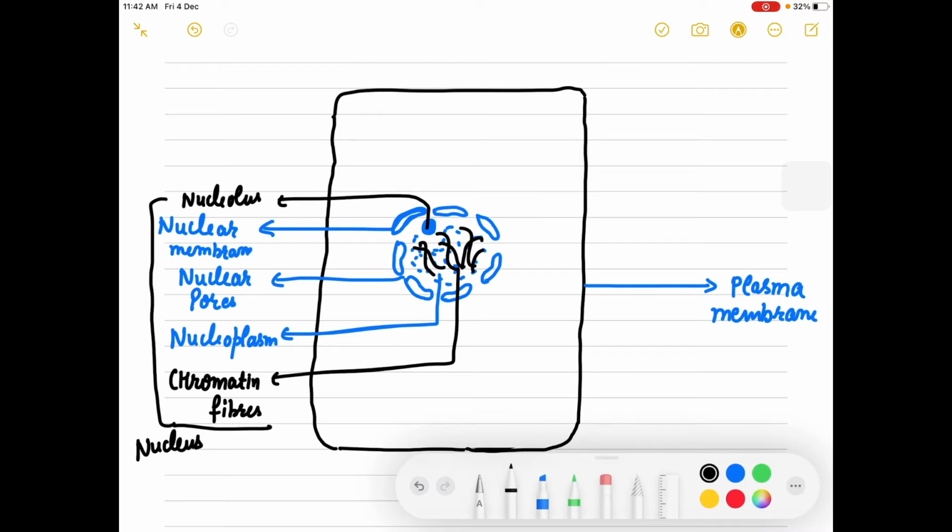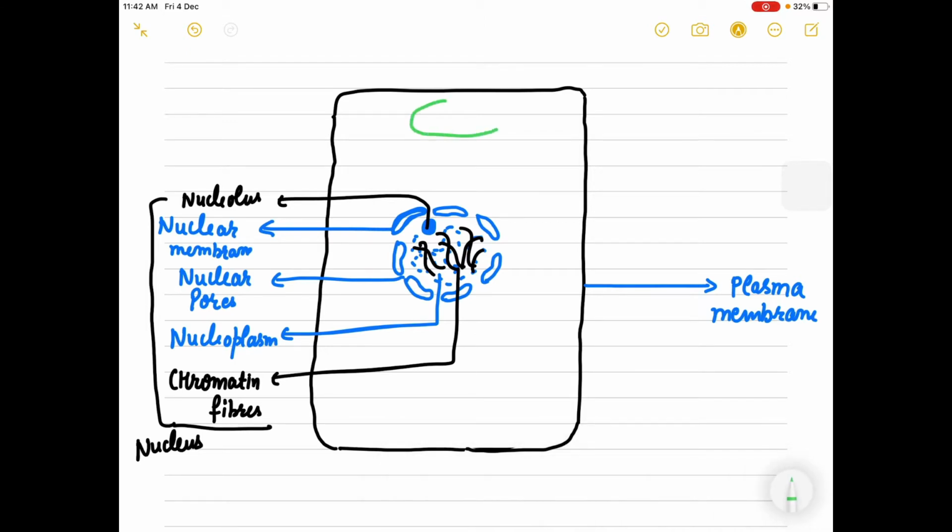Then we have to draw here the mitochondria. That is our ATP storage organelle. So let's draw it there and label it. This is mitochondria. Fine.